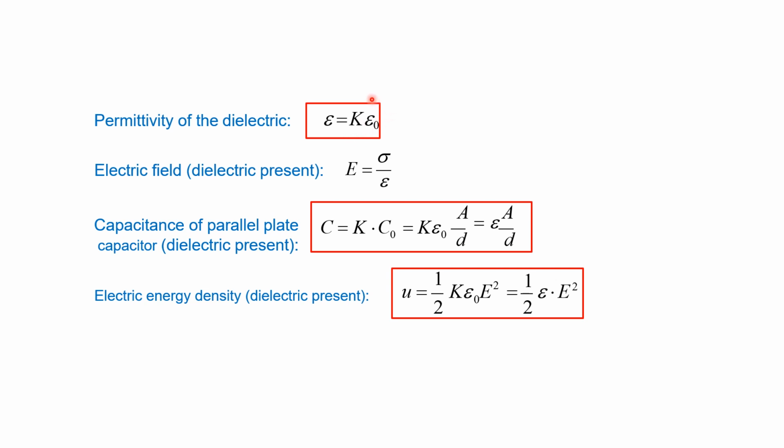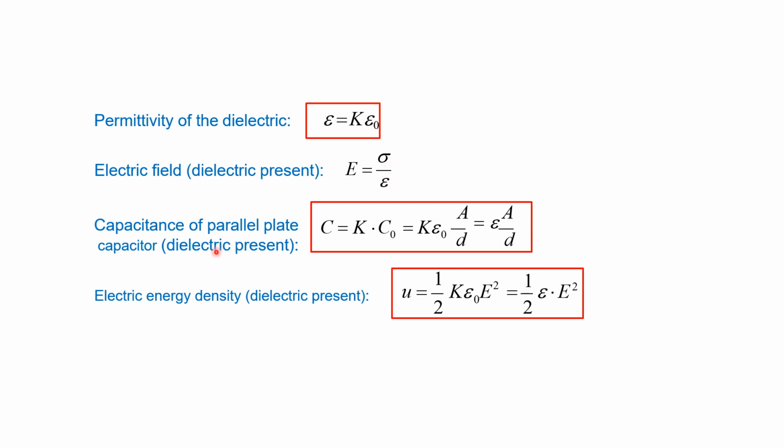As you can see, if you have a vacuum, your K is equal to 1, so we just use the permittivity of free space. But if you have strontium titanate, for example, you multiply the permittivity of free space, epsilon naught, with the constant 310. And the electric field, when your dielectric is present, becomes E equals sigma, which is your surface charge density, divided by epsilon.